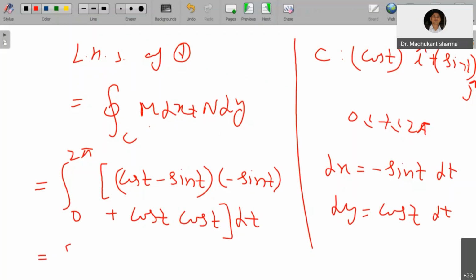Now this is going to be minus cos t sin t plus sin square t plus cos square t, which is 1, dt.